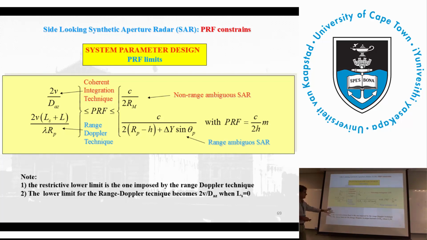What I see here, this PRF here, this is the equivalent PRF that I want to use. It's not necessarily the PRF that I use to sample my signal, because I can interpolate it later and obtain a higher PRF. But typically, what I'm dealing with is the compensated signal. So when I go and form my FFT of my compensated signal, I have to have enough samples to actually look at the spectrum where all my scatterers are placed without any aliasing.